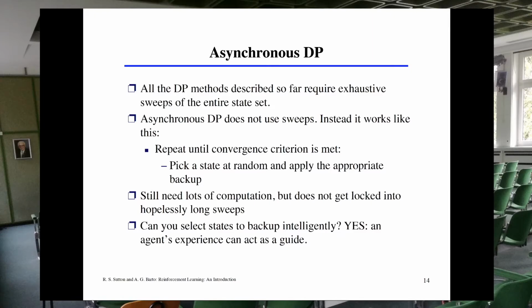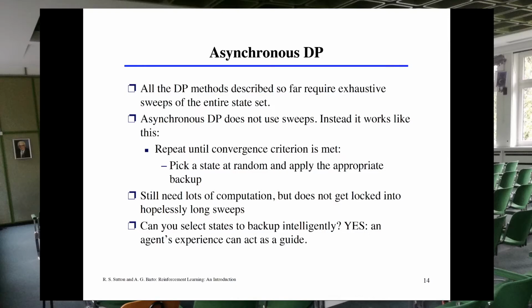So that could be one way to use the agent's experience to select which states are more important to update. But this is just an example, and it could depend on the problem that you are solving.